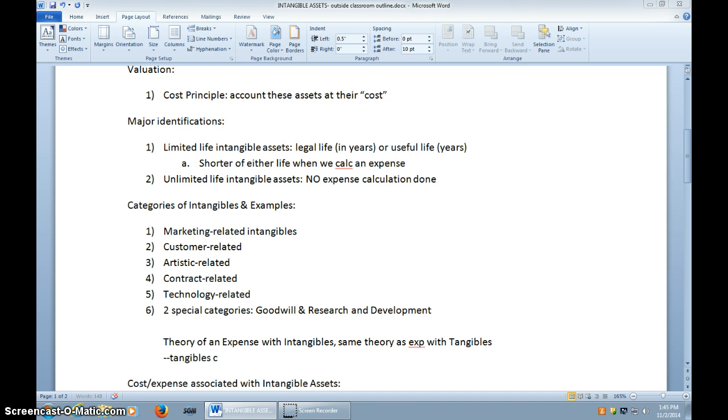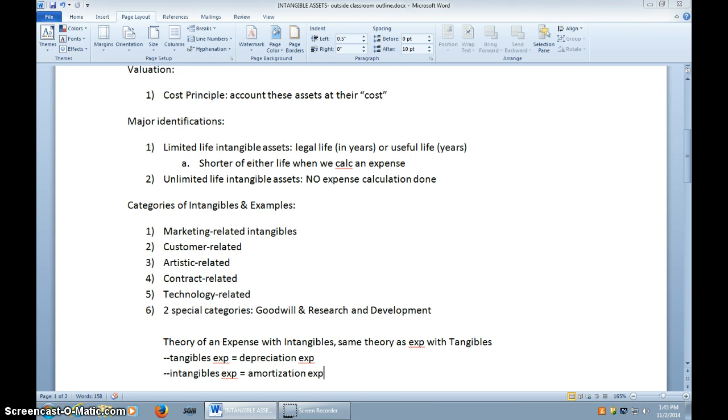Tangibles expense was referred to as depreciation expense. Intangibles expense is referred to as amortization expense.